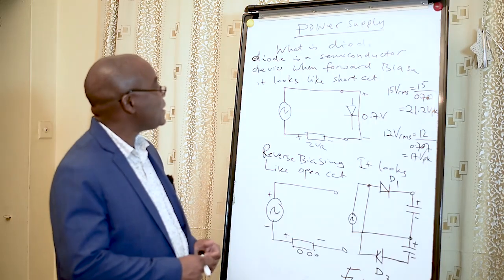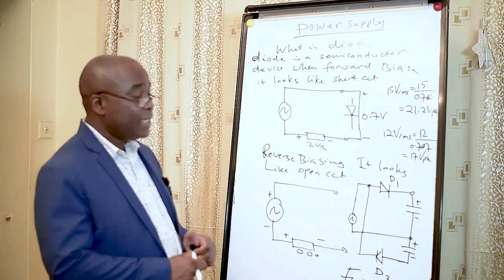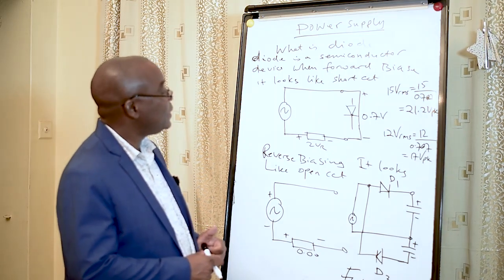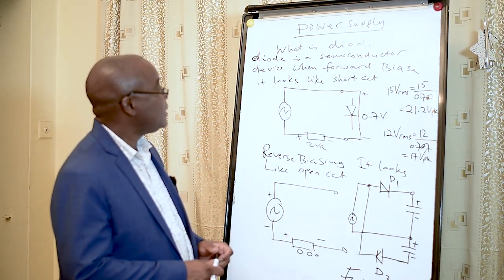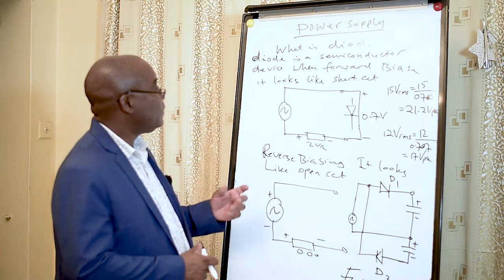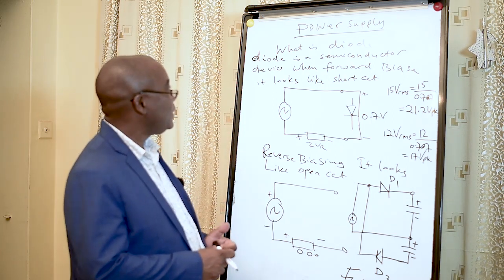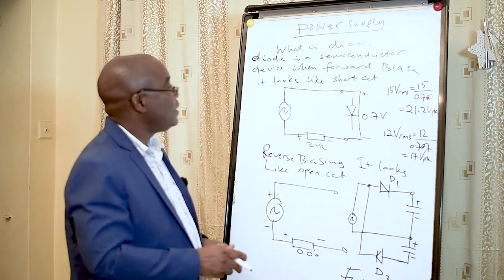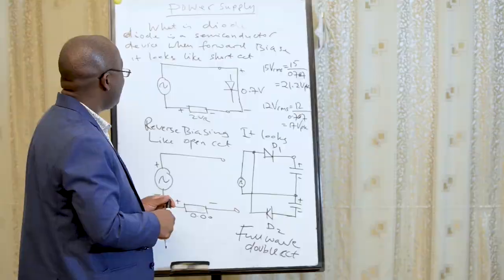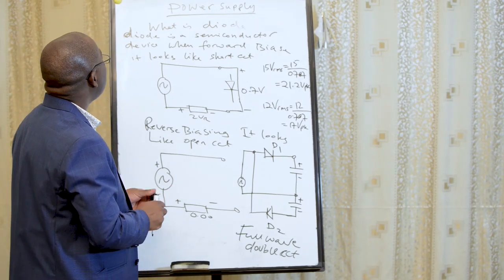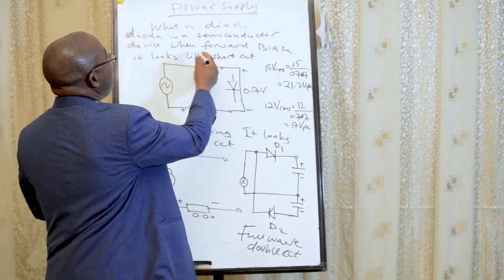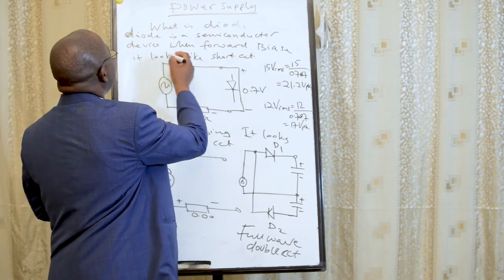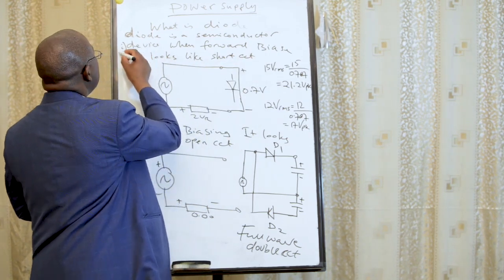We continue with power supply. Let's take a look at how a diode works. First, the definition of a diode. A diode is a semiconductor device with certain properties. The first property is when it's forward biased.